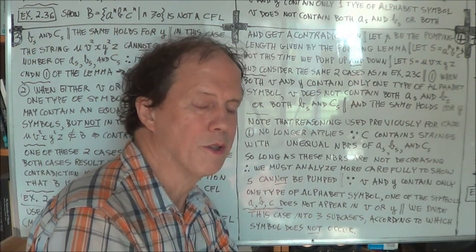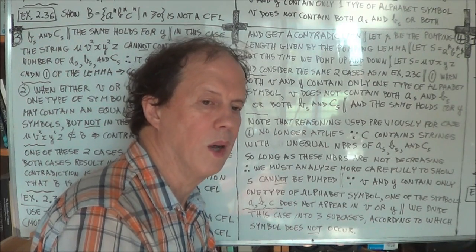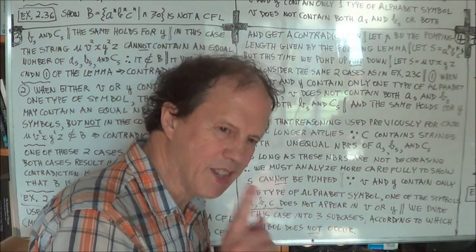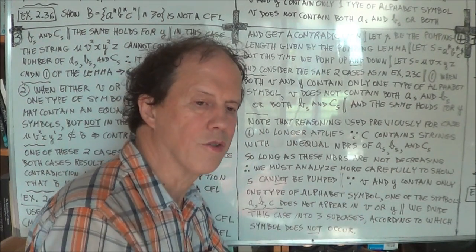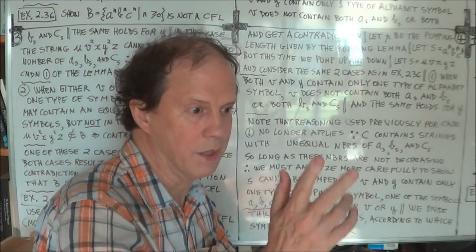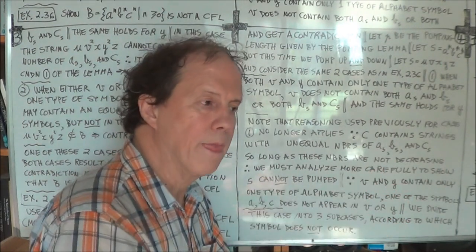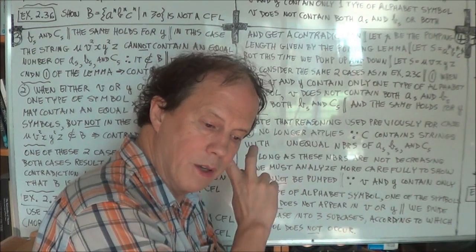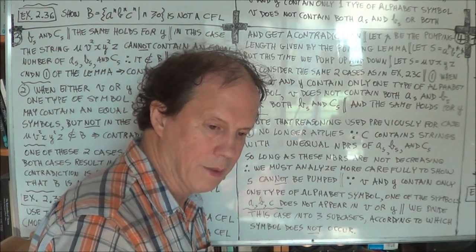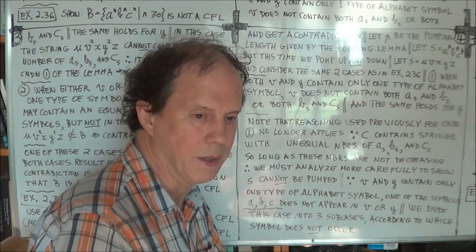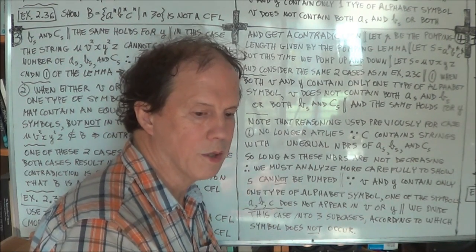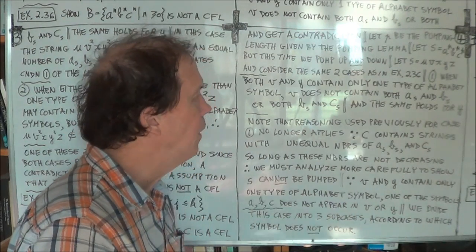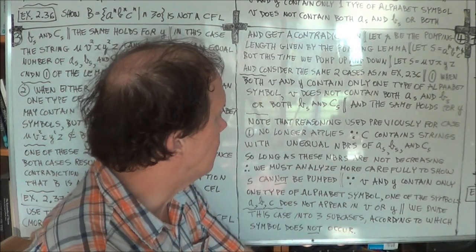Either the substring V consists of only one type of letter, so it could be just a string of A's, or a string of B's, or a string of C's. That's one case, just like the previous example. Or it could be a string of 2 different letters, A's and B's, or A's and C's, or B's and C's, or it could be a string of all 3 different letters, A's, B's and C's.